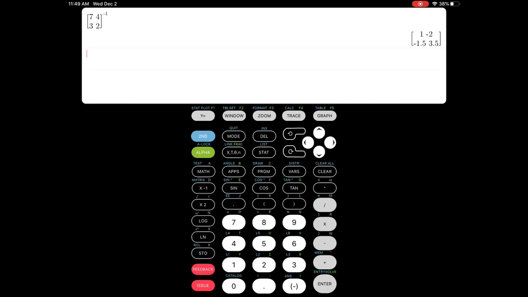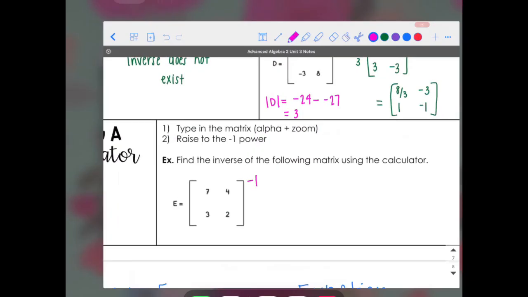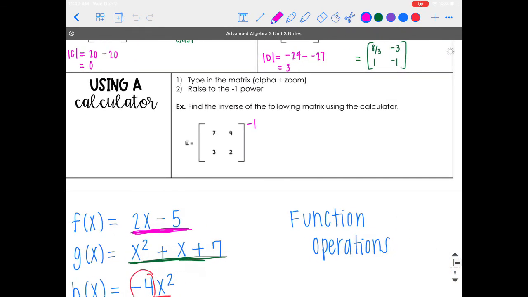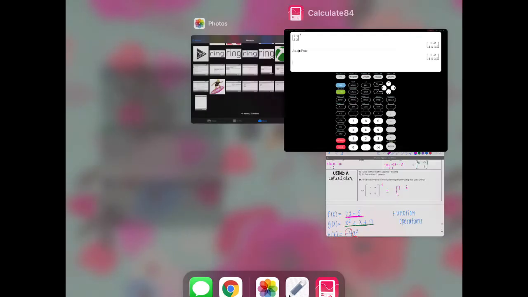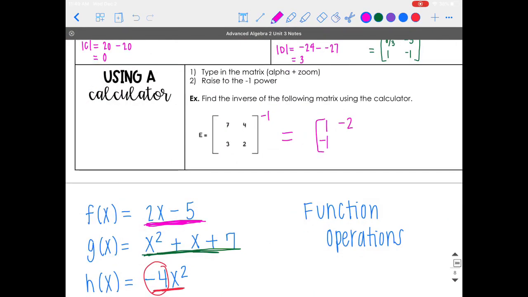And it gives me the inverse. Now, if you don't like those decimals, sometimes on your other calculator, if you try to change it to a fraction, it might change it for you. But these were nice decimals anyway. So it's 1, negative 2, negative 1.5, and 3.5.